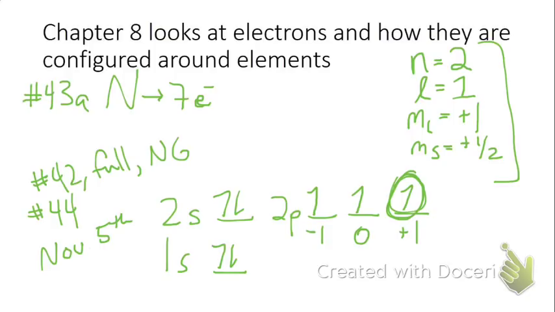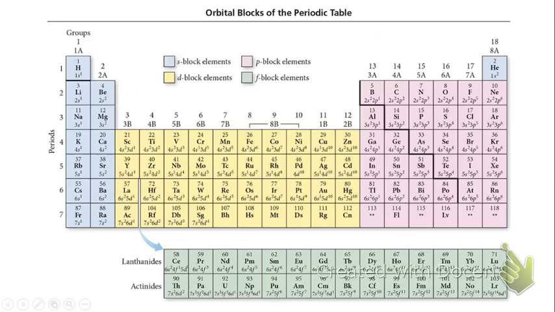Okay, so noble gas configuration, and any configuration really, all stems from the periodic table. So the periodic table is very important. It's laid out in a specific way. These two right here in blue are known as the S block.